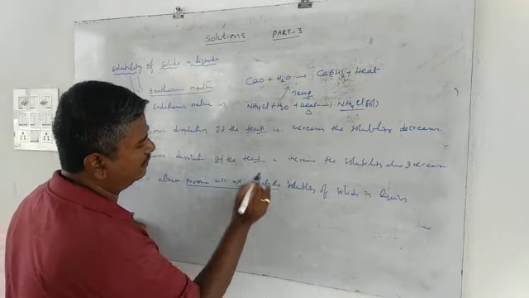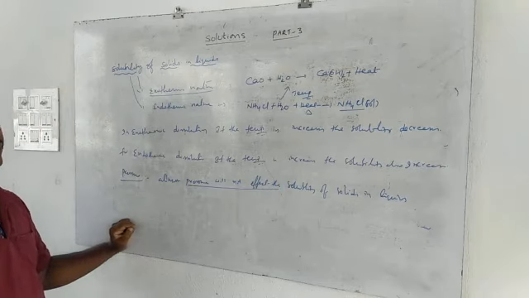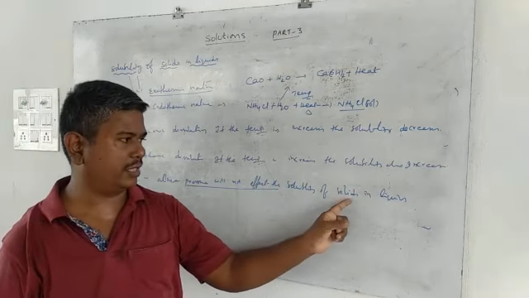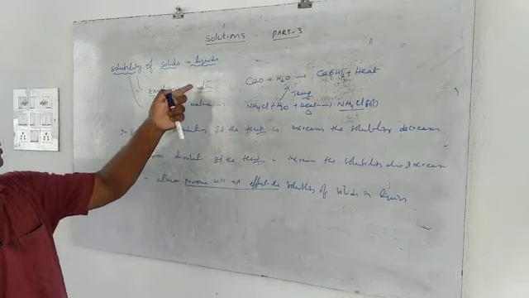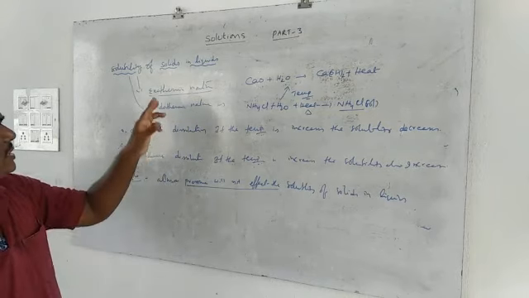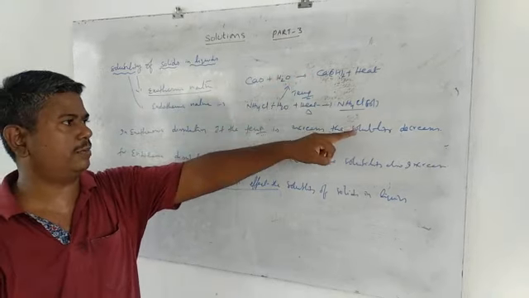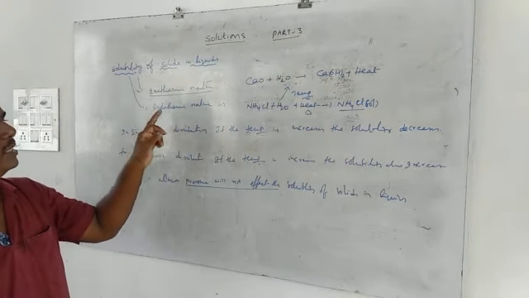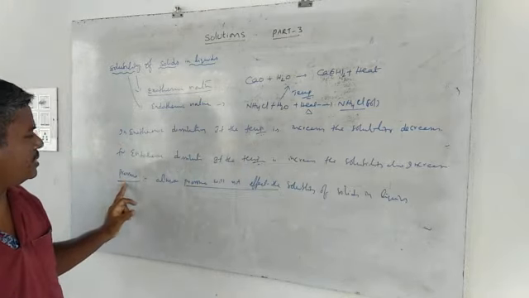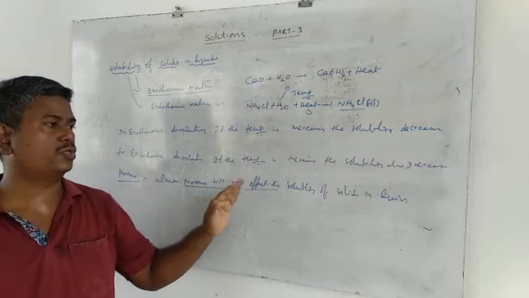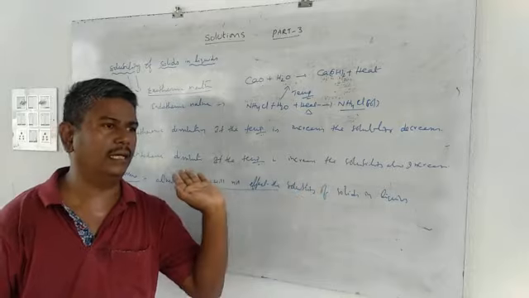Pressure will not affect the solubility of solids in liquids. Only the temperature will affect. How the temperature affects: if it is exothermic, a temperature rise means solubility decreases. If it is endothermic, when the temperature increases, the solubility increases. So pressure doesn't affect the solubility of solids in liquids.